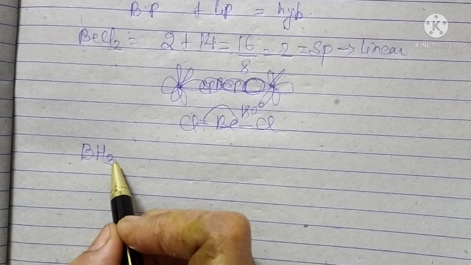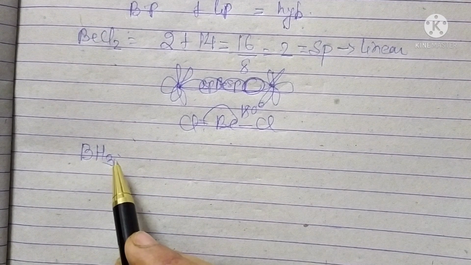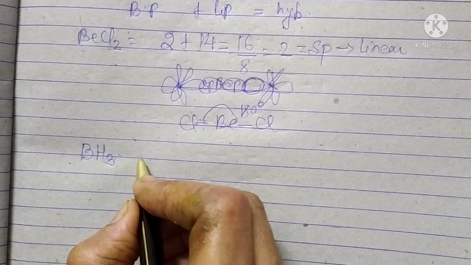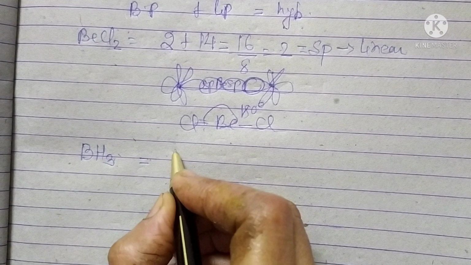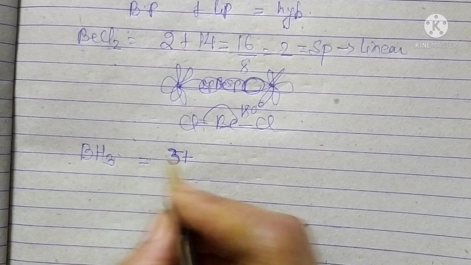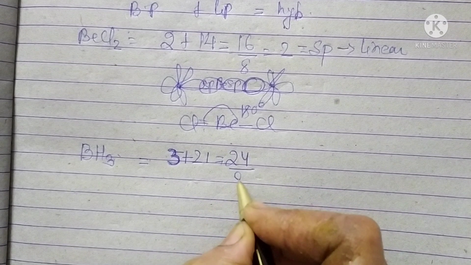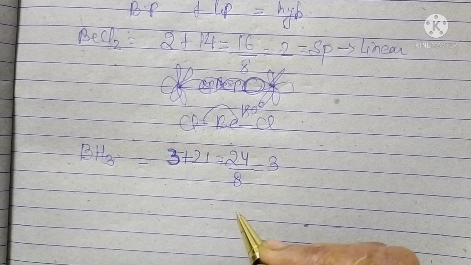BH3. Now let us apply this formula in this case. Here we have to assume that hydrogen is a halogen. Boron has atomic number 5, so its valence electrons will be 3, and for hydrogen, 7 threes are 21. It is equal to 24. Let us divide it by 8. It will be 8 threes are 24.